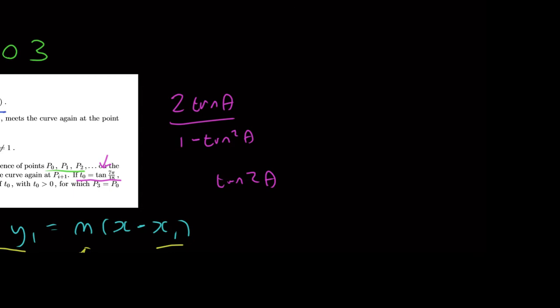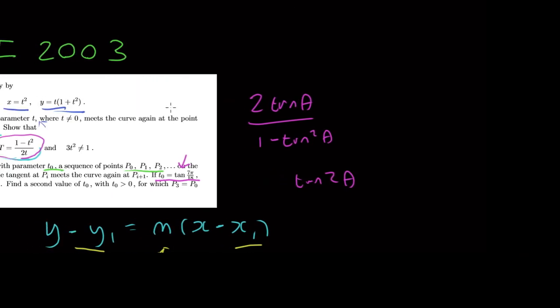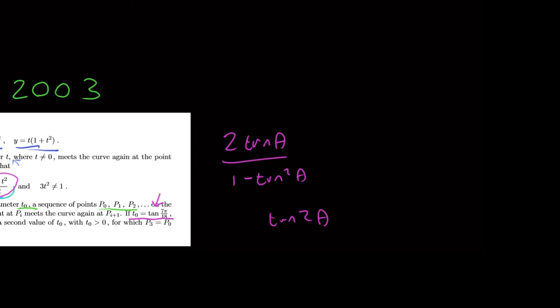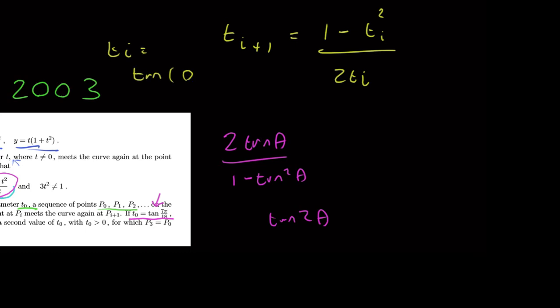So we know that our next point there, if we're given t naught, or not just t naught, but let's say t i plus 1, is going to be 1 minus t i squared all over 2 t i. Now if we stop for a second and say t i is tan of, I don't know, theta i, let's say, we can rewrite it as that, right?